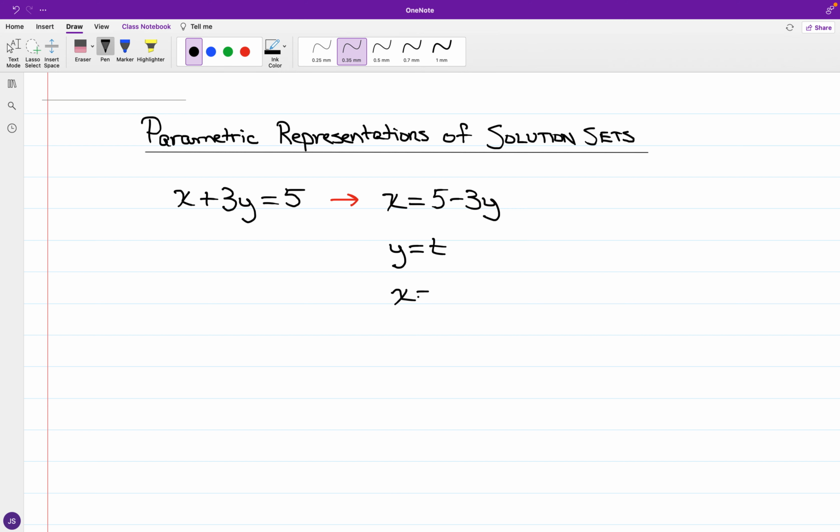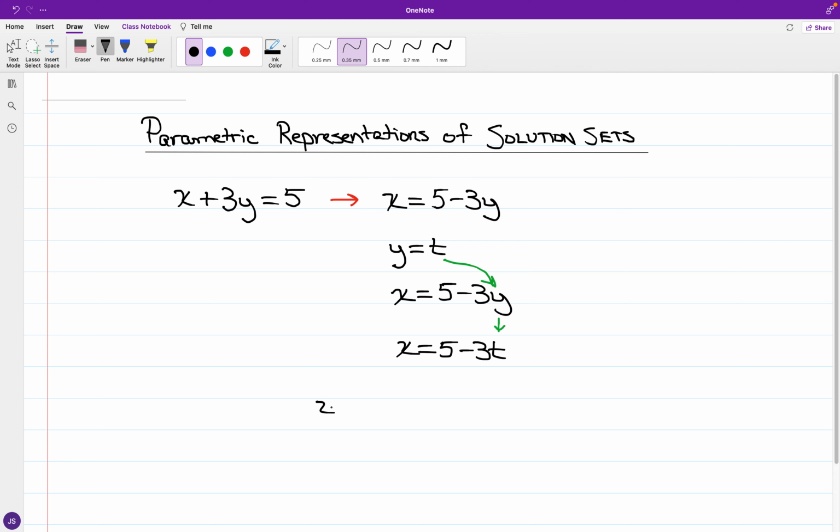Going back to x, I said x is equal to 5 minus 3y, and putting t in place of y, we're going to have x is equal to 5 minus 3t.